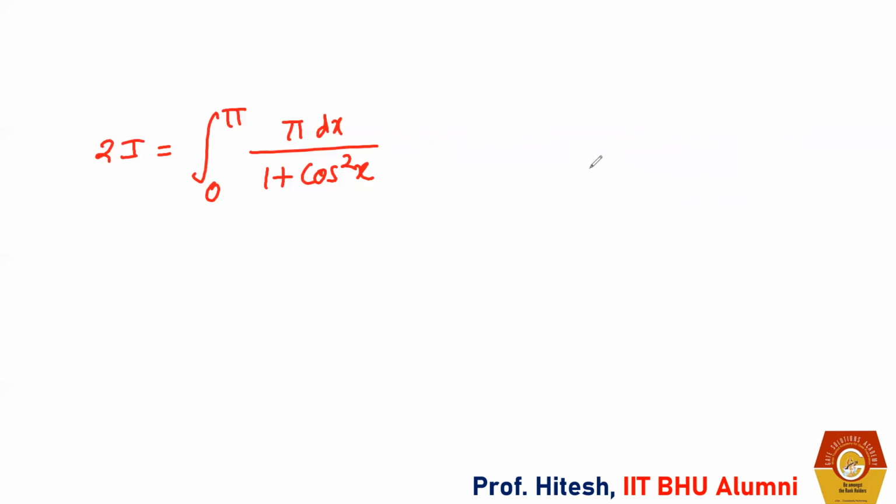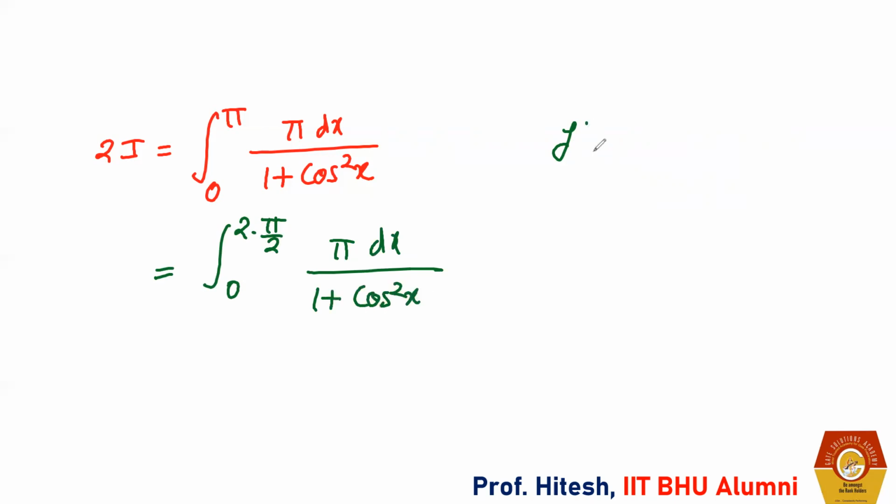Okay, now it is equal to which property we have seen? We can write it 0 to 2 into pi by 2 upon 1 plus cos square x. So f of 2a minus x, here f of pi minus x is equal to f of x, because f of x is 1 upon 1 plus cos square x.